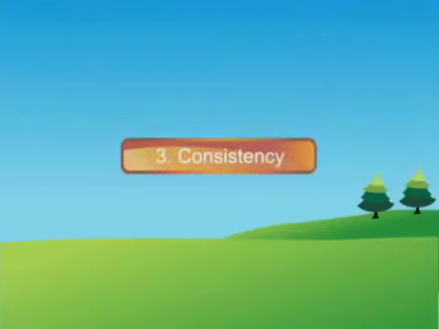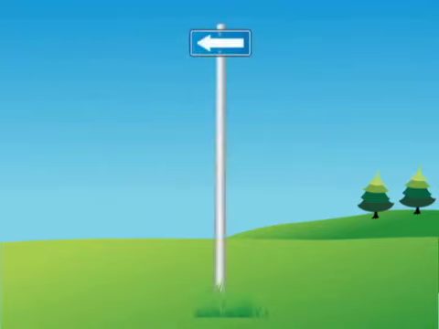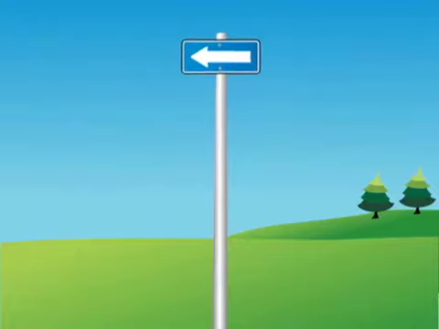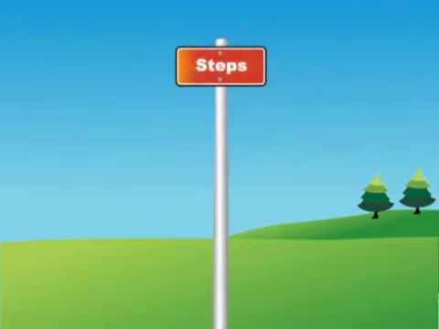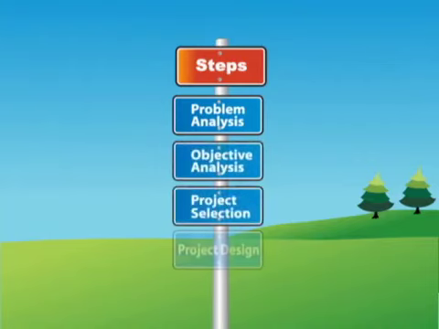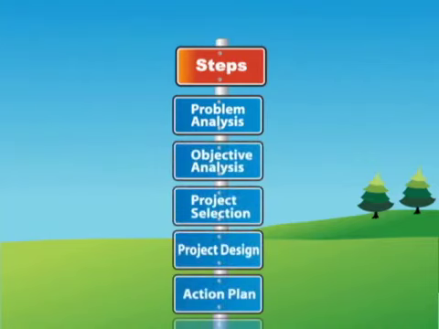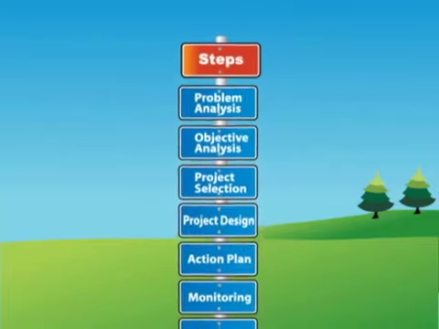The third is consistency, in the meaning that a project is developed and carried out through a series of steps which constitutes a continued and mutually linked process. There is assured a consistency.